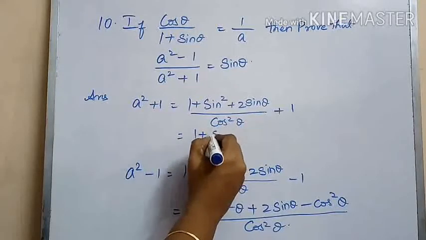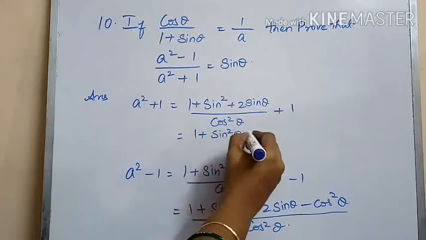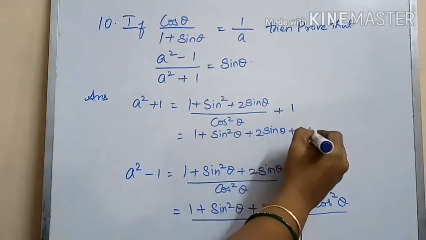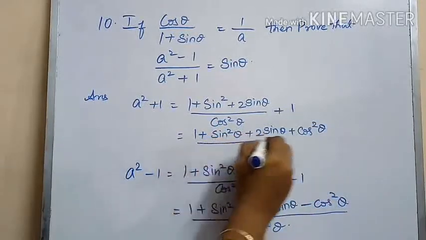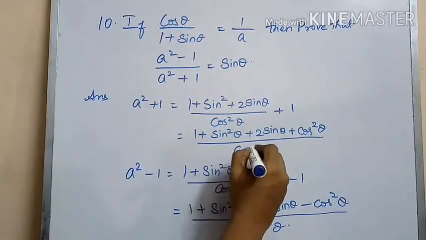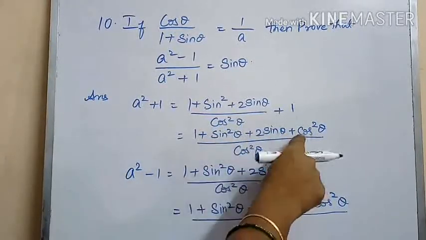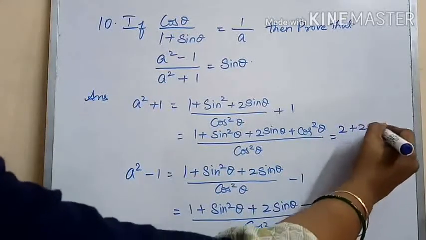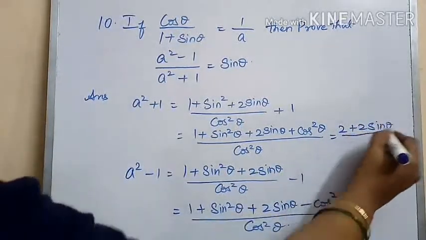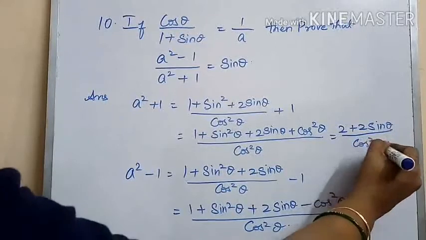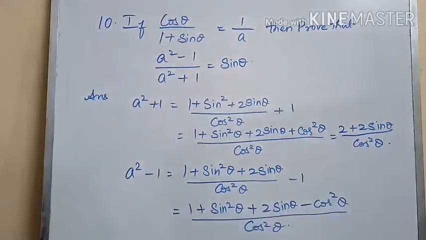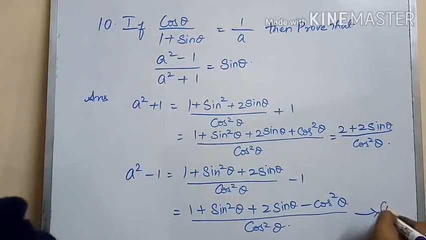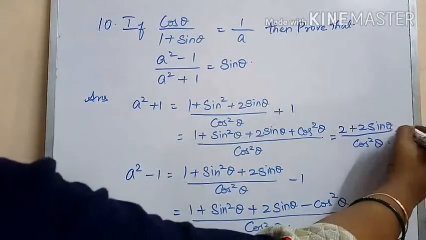Which can be written as 1 plus sin squared theta plus 2 sin theta plus cos squared theta, whole divided by cos squared theta. We know that sin squared plus cos squared is 1, so we get 2 plus 2 sin theta by cos squared theta. So let us mark it as 1 and this equation as 2.